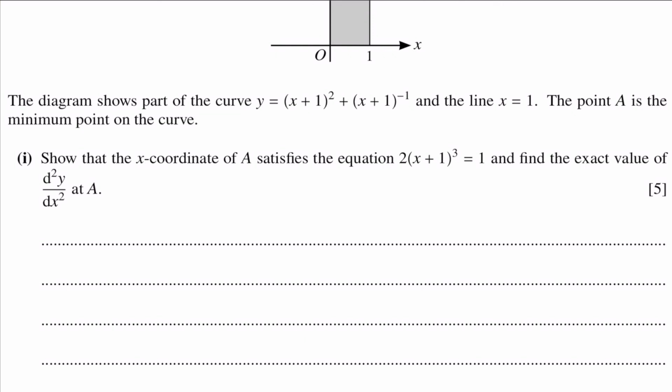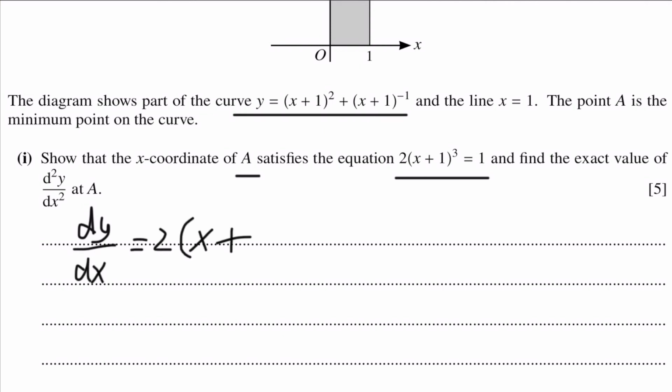Show that the x-coordinate of A satisfies the equation shown, and find the exact value of the second derivative at A. What you want to do first is to find the first derivative of the curve y, and dy over dx is equal to, and equate that to 0.